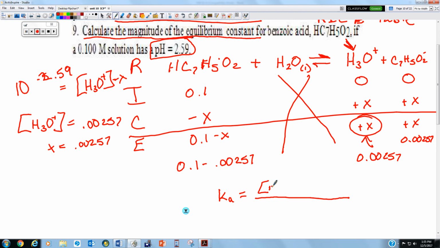So I'm going to have concentration of H3O plus times C7H5O2 negative over, I don't have to show water because water doesn't matter in this, my acid, concentration of my acid, HC7H5O2.